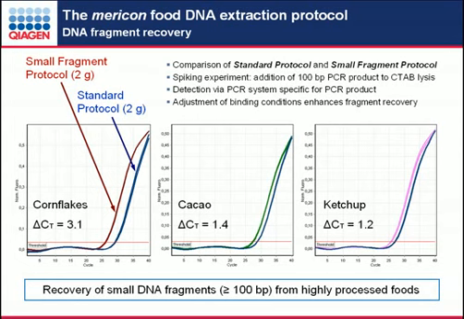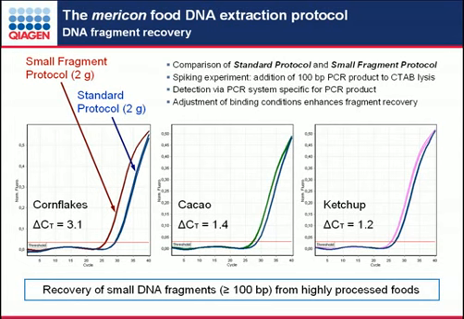This is again a spiking experiment, and then we compared that to the small fragment protocol. With the small fragment protocol, we actually get more, which we'd expect, because the small fragment protocol allows you to recover more small DNA that's still important in the PCR, and you get a small shift to the left, which indicates that you have more sensitive PCR with the small fragment protocol.